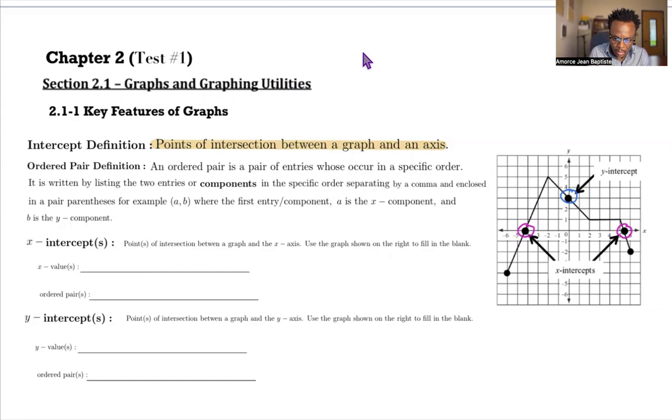So let's assume that this x-intercept is at -4. And then the other one, since it's right in the middle of 6 and 5, let me say it's 5.5. The ordered pairs will be (-4, 0) and (5.5, 0).